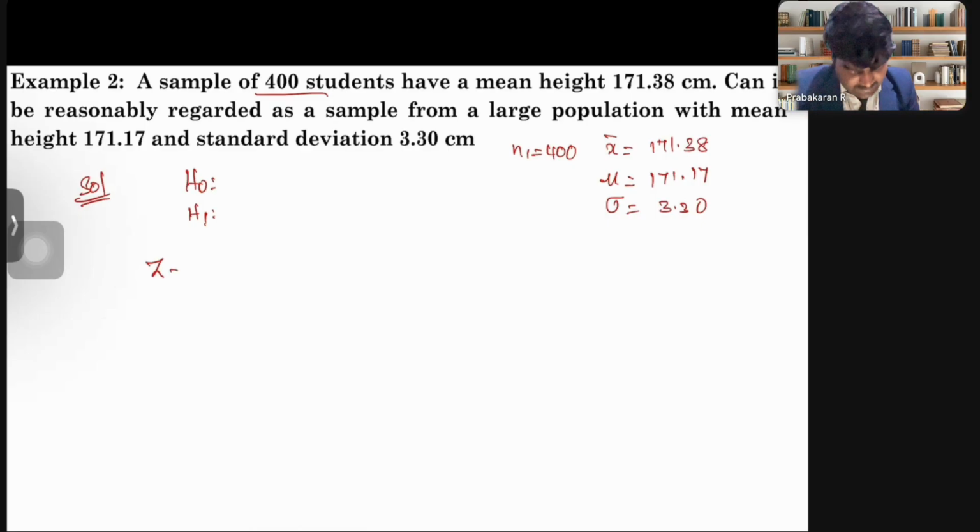Z test formula is, it will vary a little bit. X bar, we are comparing mean of sample with mean of population, over sigma by root n.